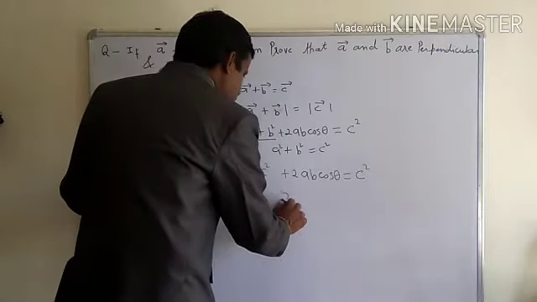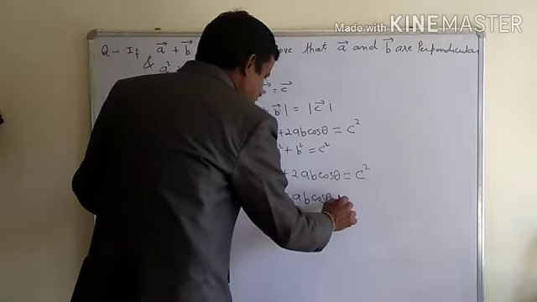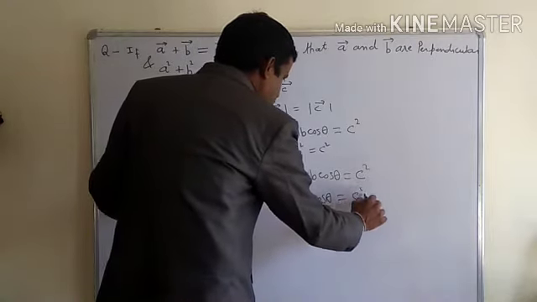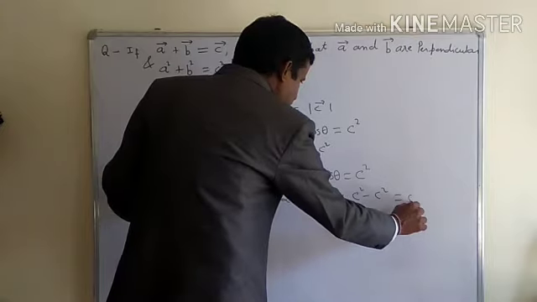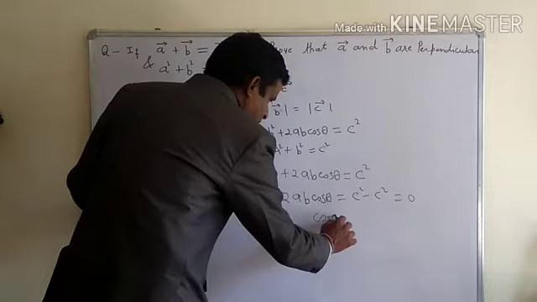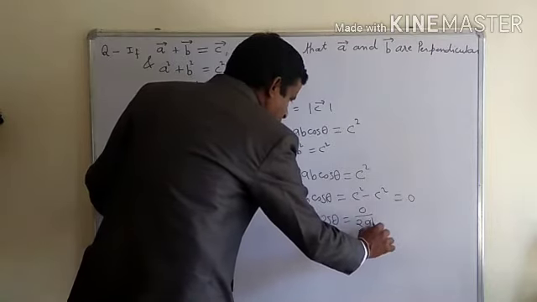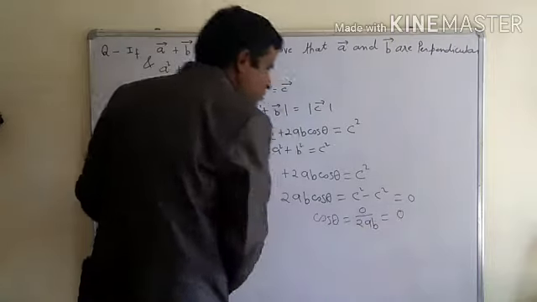Now 2AB cos theta is equal to C square minus C square, which will give you 0. So cos theta is equal to 0 upon 2AB, which will also become 0.